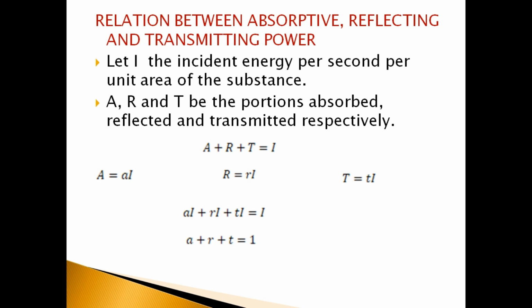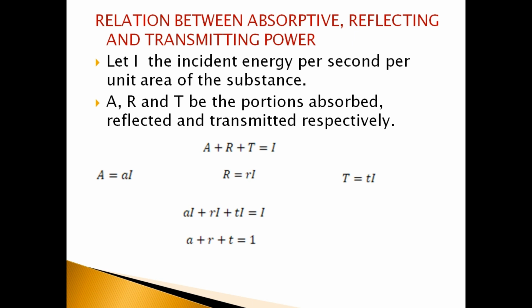Now next we have to learn about the relation between absorptive, reflecting and transmitting power. Consider a body. Let I be the incident energy per second per unit area falling on the substance. Now, some of the incident energy may be absorbed by the body, some of it will be transmitted, and some of it will be reflected.